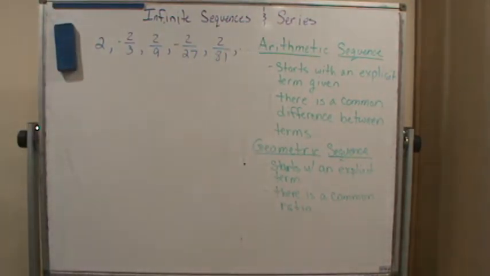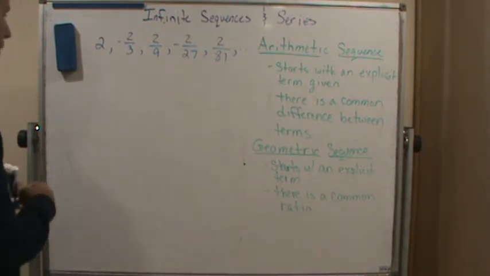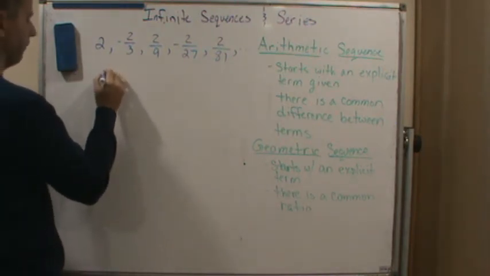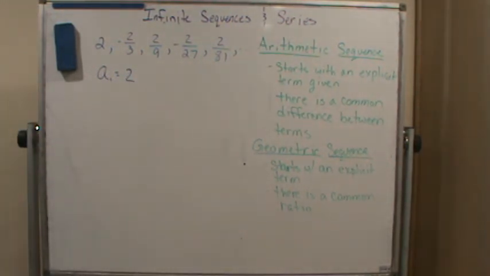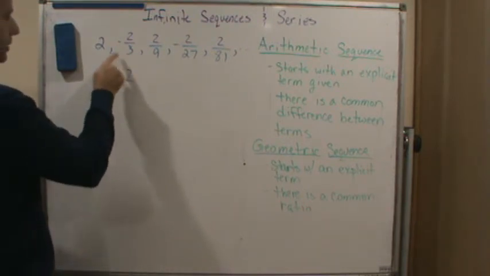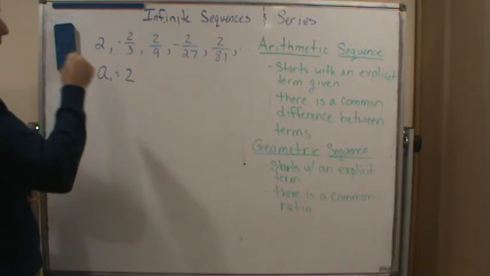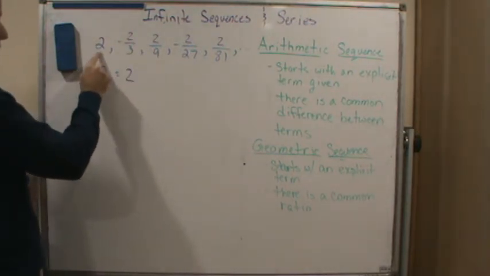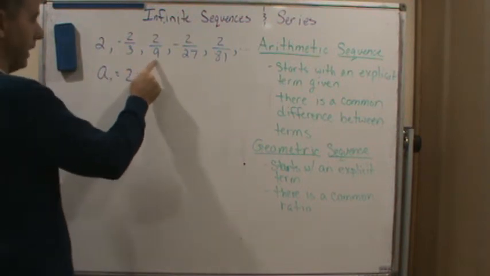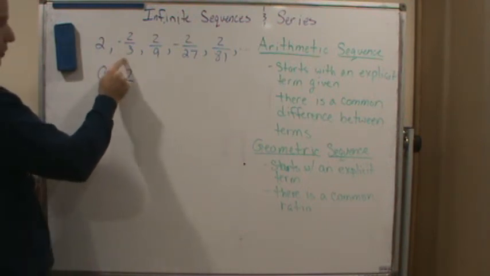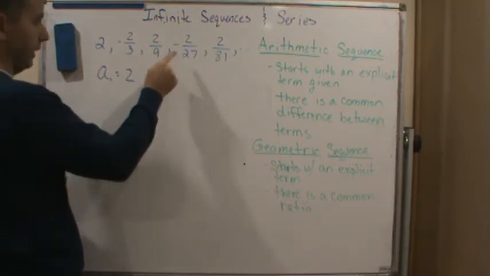Okay, so now, what's the given term? So a sub 1 is 2. And so what happens here when we divide each subsequent number? So 2/3 divided by 2 gives us a negative 1/3. 2/9 divided by a negative 2/3 gives us a negative 1/3.